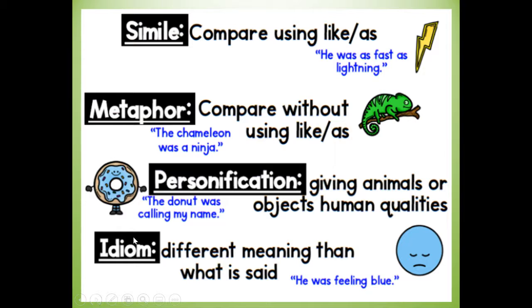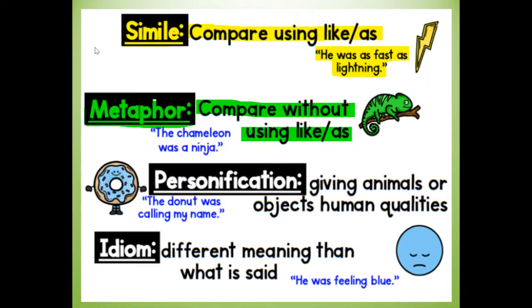So let's go over some descriptive language or figurative language, different types. The first one is simile, and that means you compare using the words like and as. So here's our example. He was as fast as lightning. Metaphor. That is to compare without using like or as. And here's your example.